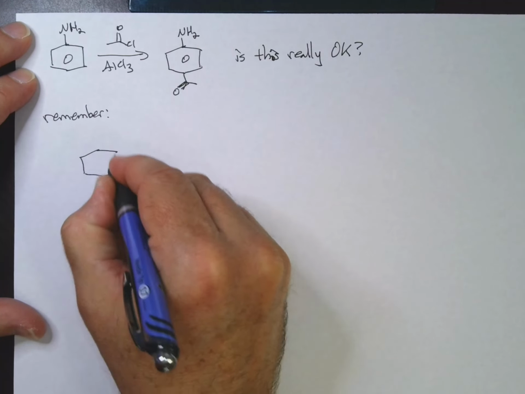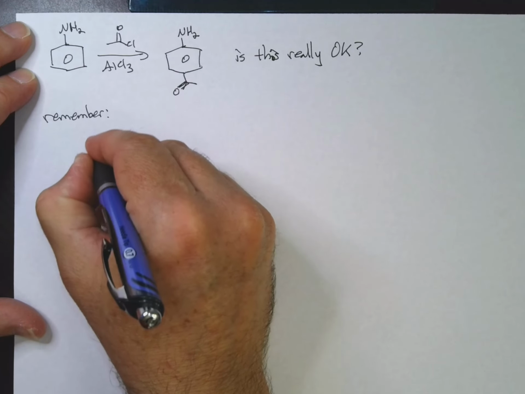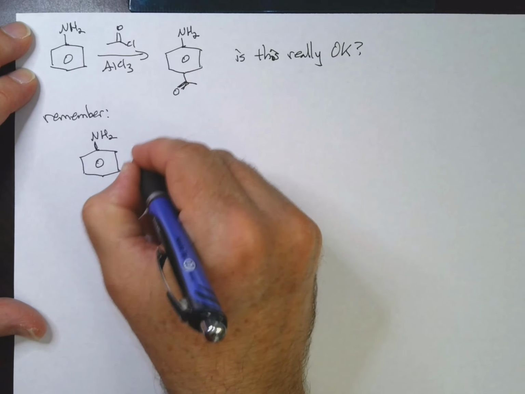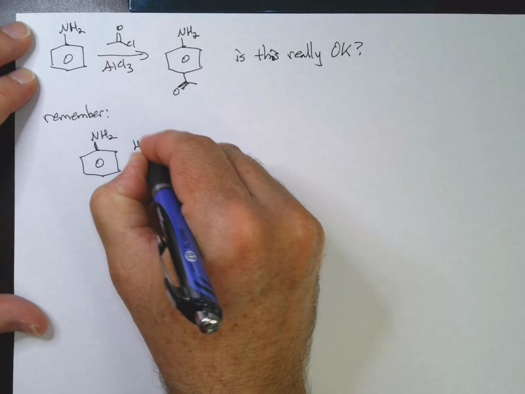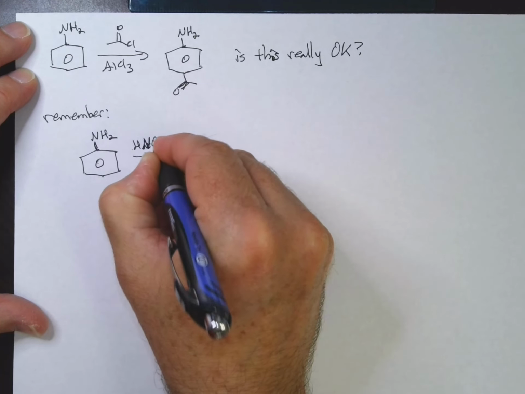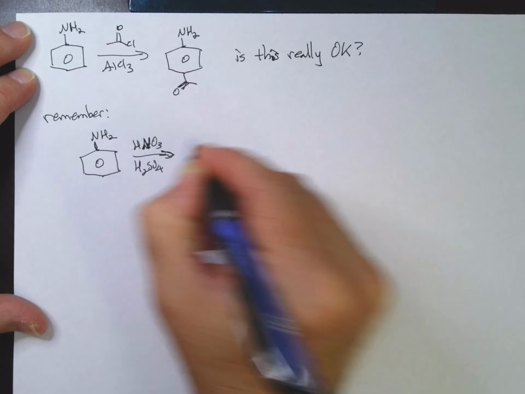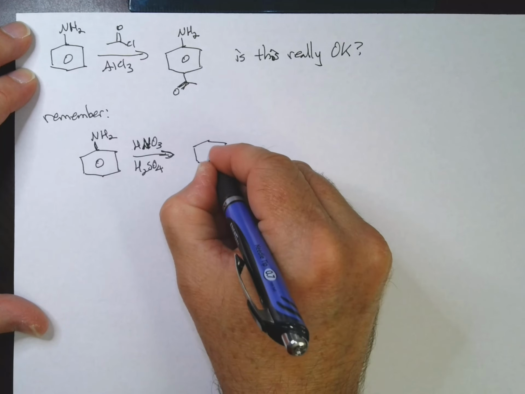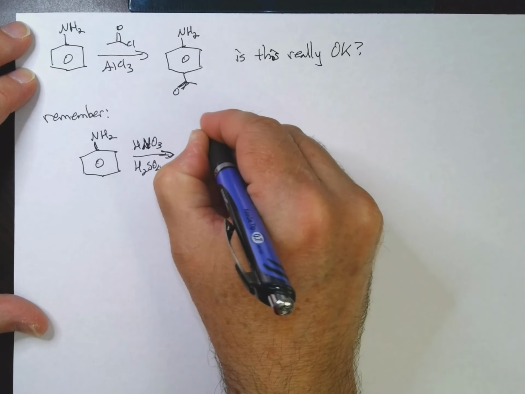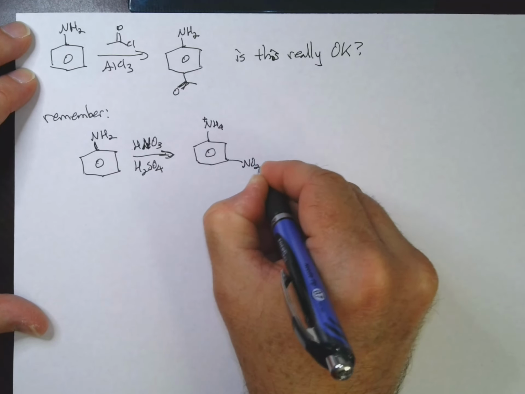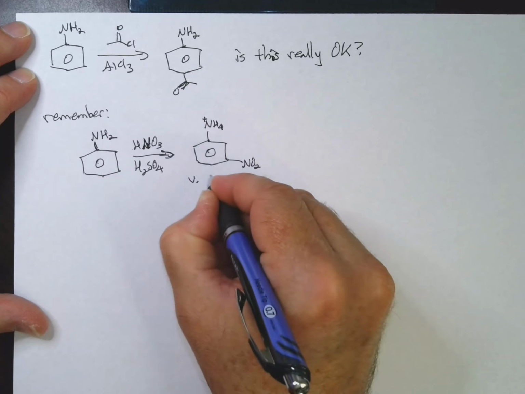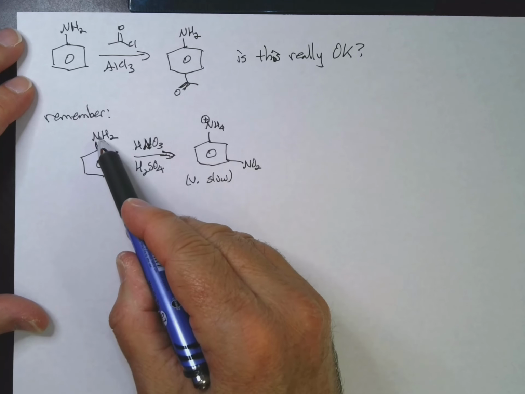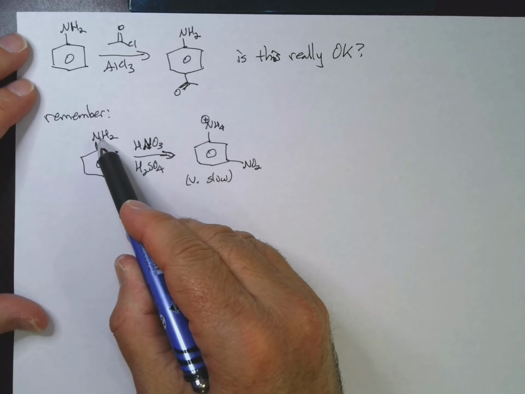if we try to do, let's say, a nitration or a sulfonation, oops, sorry, HNO3, H2SO4, we'll get NH3+ with NO2, and this is very slow, because the acid protonates our amine here.